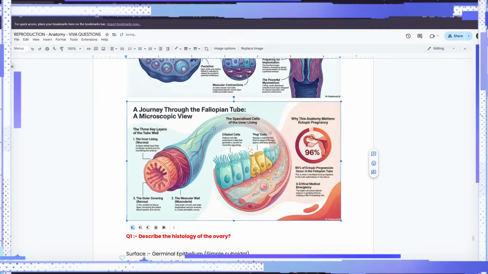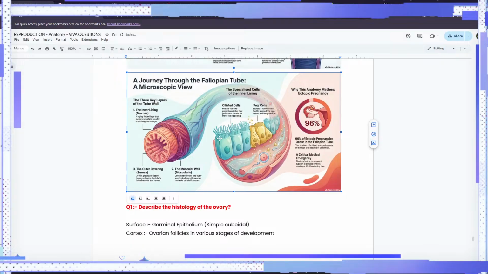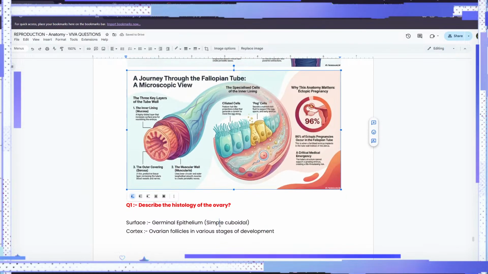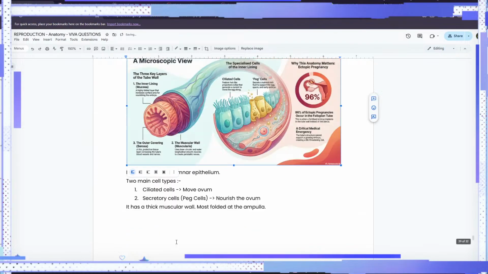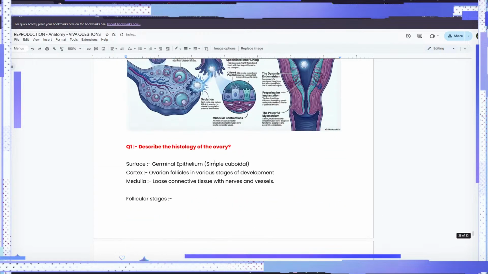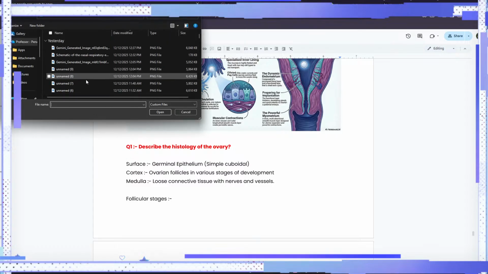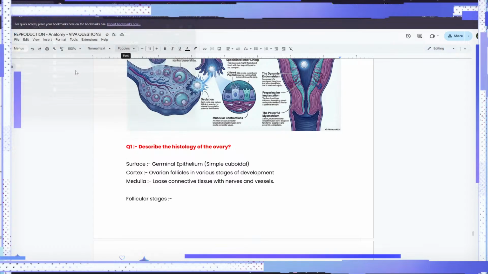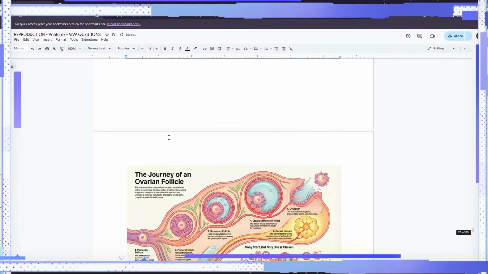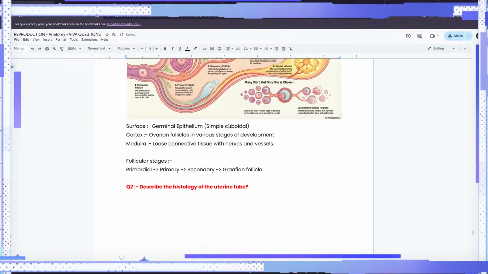This is the fallopian tube. Oh, I hate the name fallopian, but anyhow, fallopian tube. There we go. Bang it right in there. And then, of course, the ovary, that would be the last one here. This one. Awesome. Love it. Great. We're set.